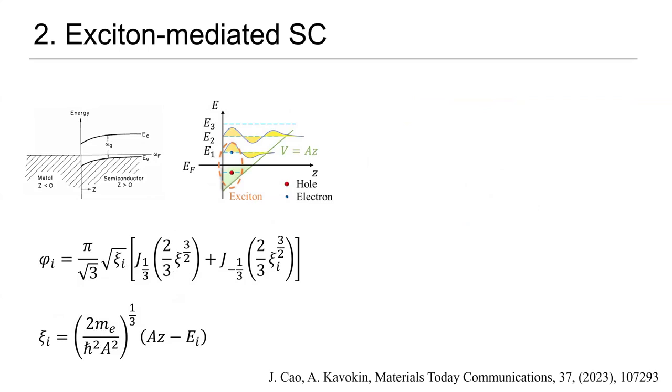So here you see that if we place a metal at the interface of the semiconductor, then there must be a band-bending effect. This band-bending effect will certainly create a potential which we can simply treat as a linear potential.